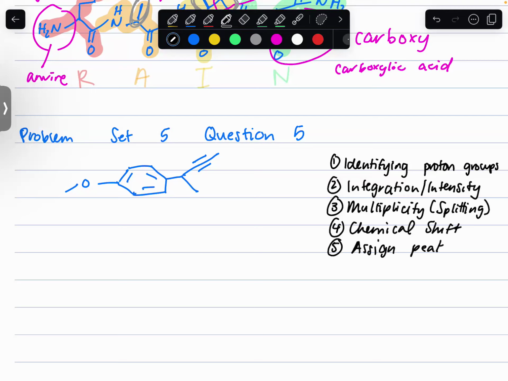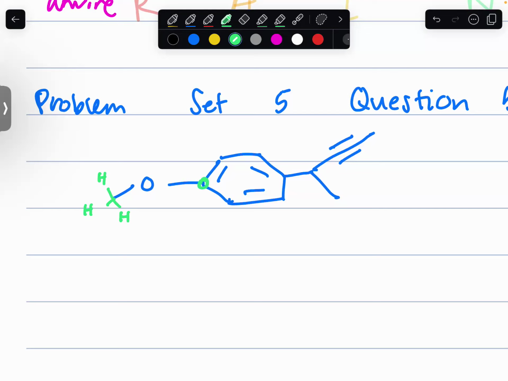The first thing I'm going to do with this structure is draw out all of our implicit hydrogens, just to make sure that I am aware of all of them. On the end here, we have a methyl group, which means there are 3 implied hydrogens. This carbon has 4 bonds, so it has none.